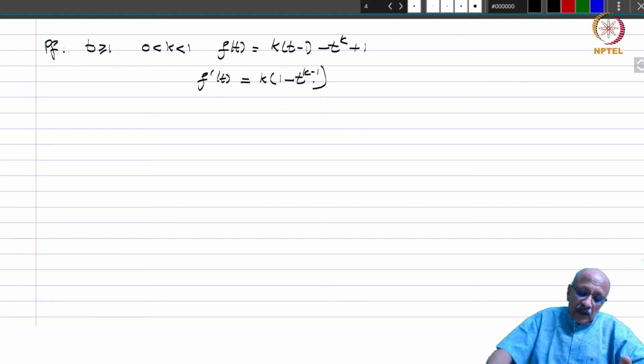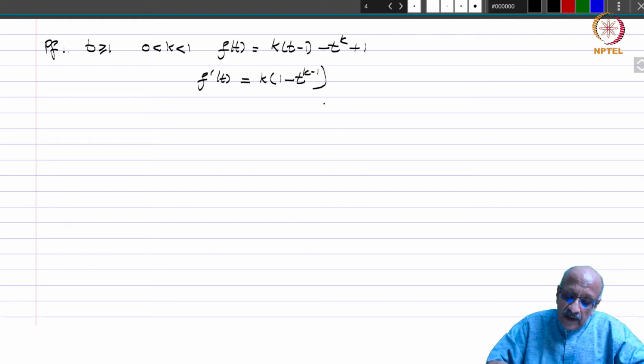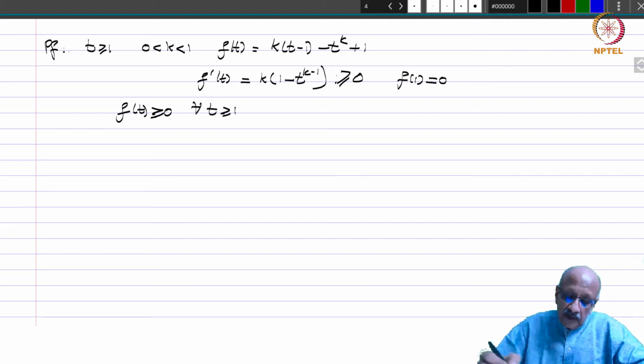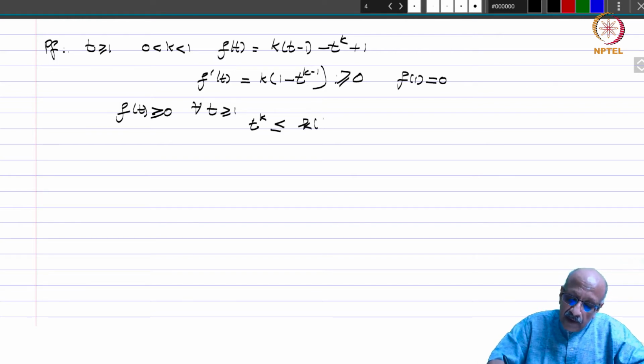So t is bigger than or equal to 1, k is less than 1, and therefore this is greater than or equal to 0. So f is an increasing function, and you also have that f(1) is 0, and therefore f(t) is greater than or equal to 0 for all t bigger than or equal to 1. This implies that t^k is less than or equal to k(t − 1) + 1.